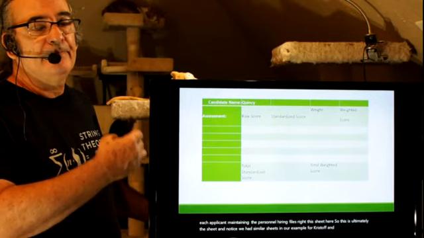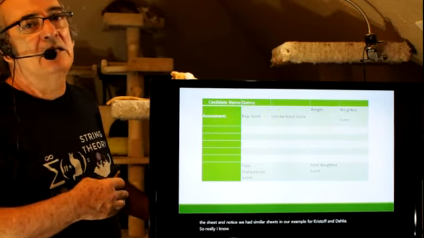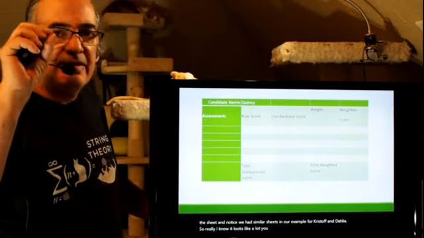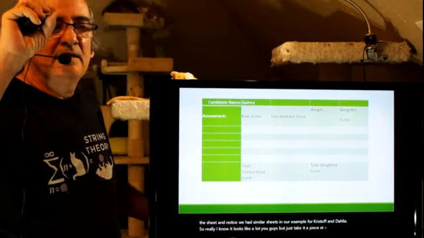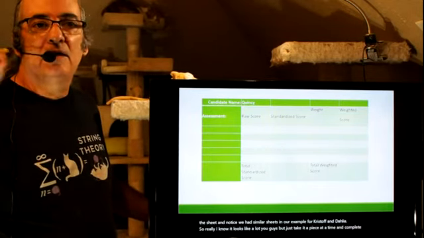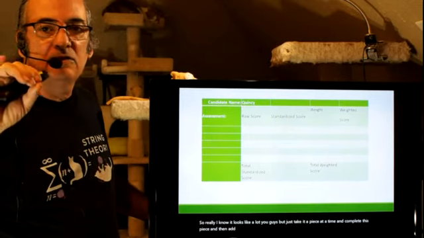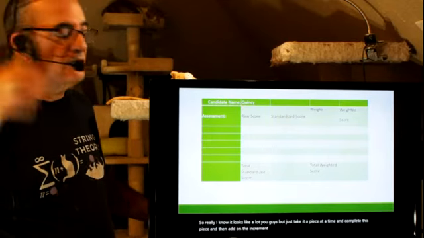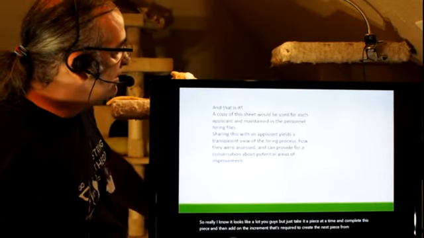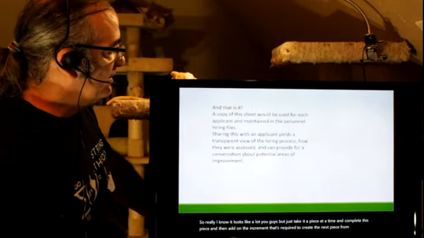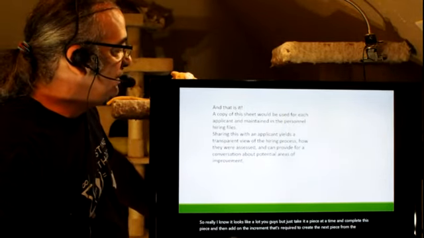So really, I know it looks like a lot, you guys, but just take it a piece at a time and complete this piece, and then add on the increment that's required to create the next piece from the previous piece, right? Sharing this with an applicant, think about it, yields a transparent view of the hiring process.